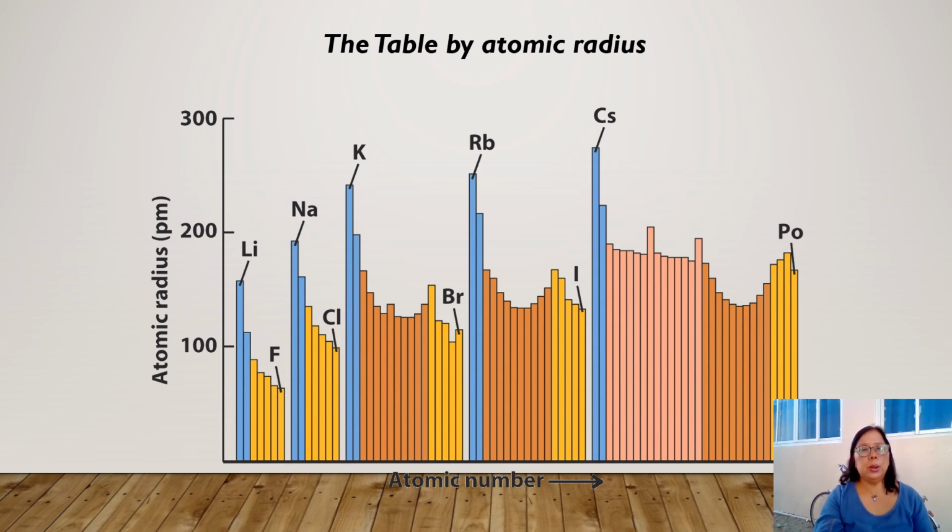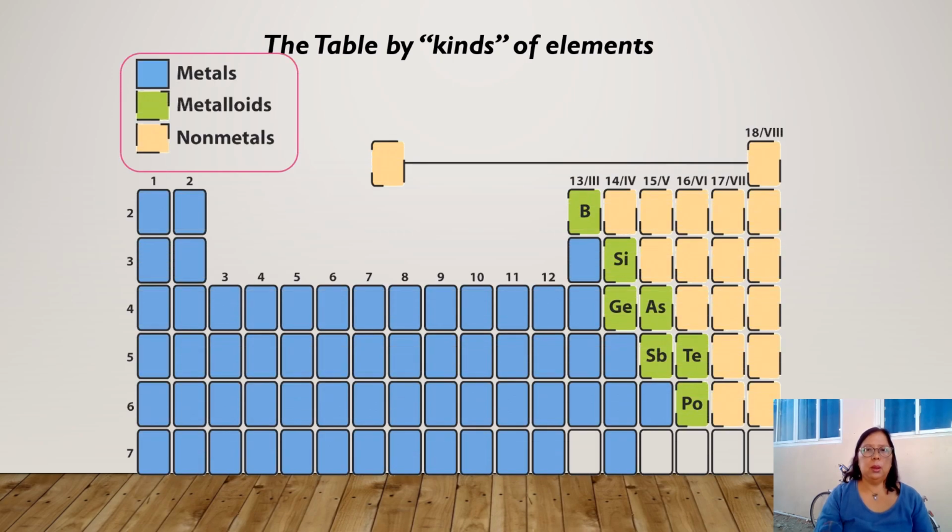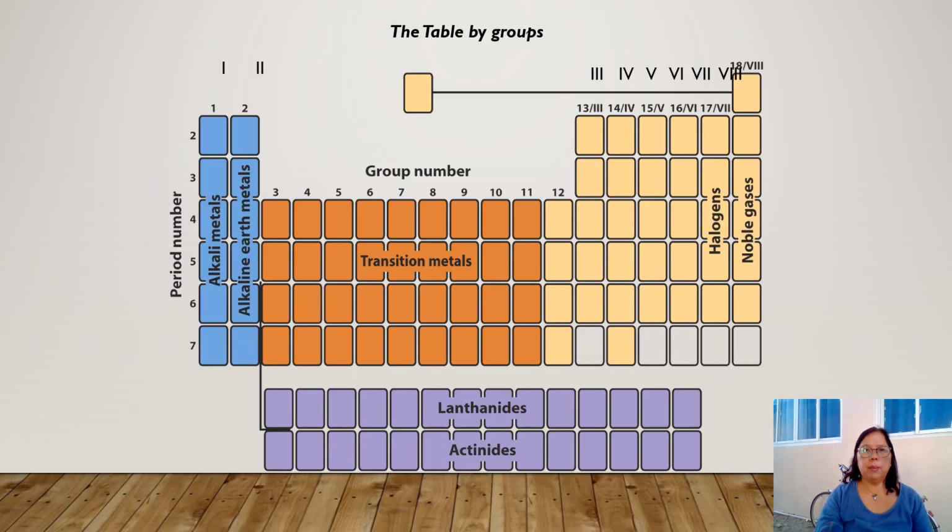So lithium, sodium, potassium, rubidium, in their own group, have the lowest atomic number but the biggest atomic radius. In this case, fluorine has the greatest atomic number but the smallest atomic radius. I have discussed this already.